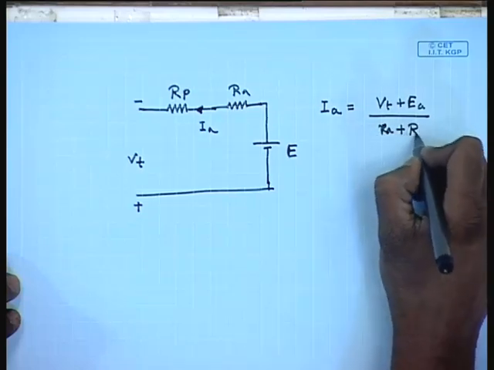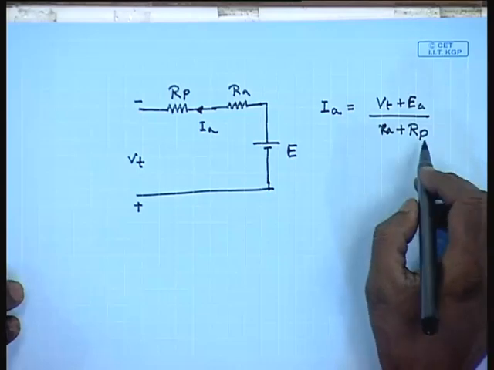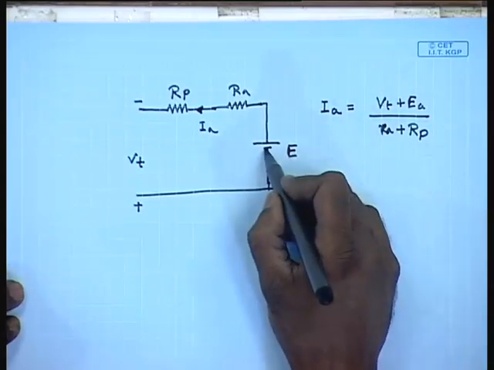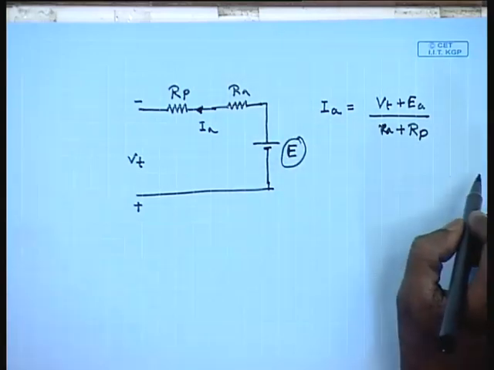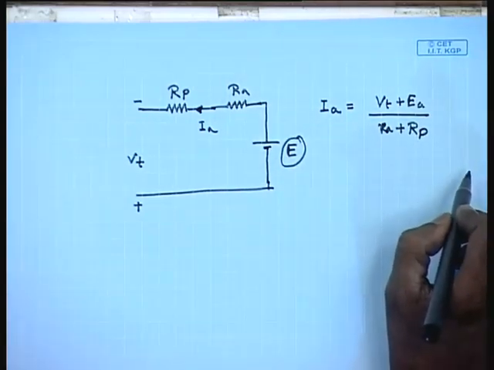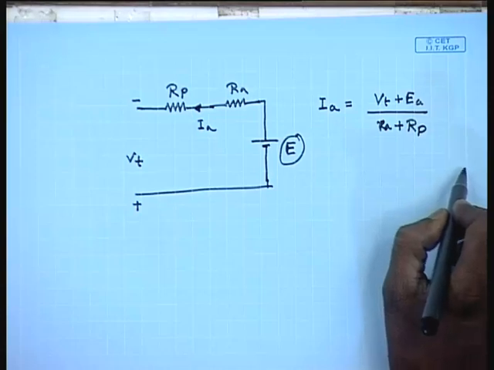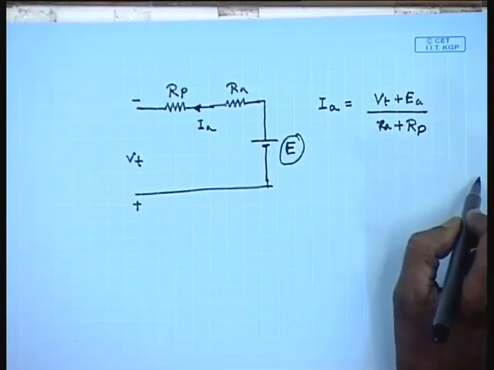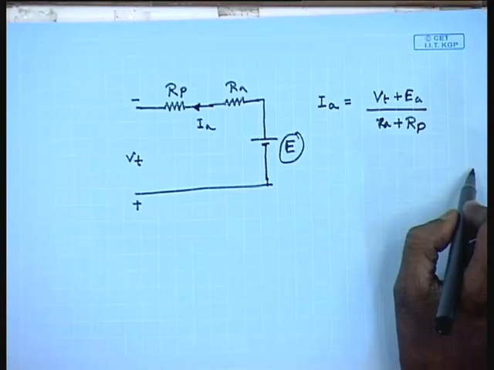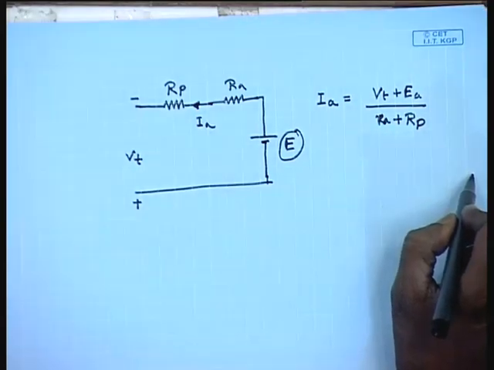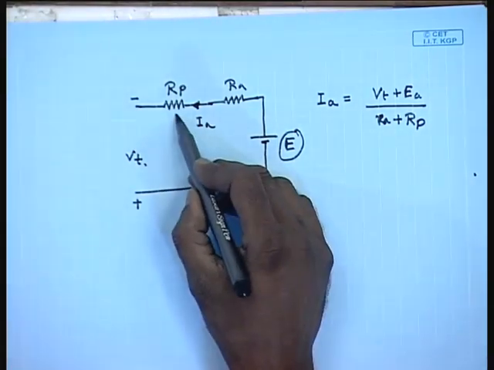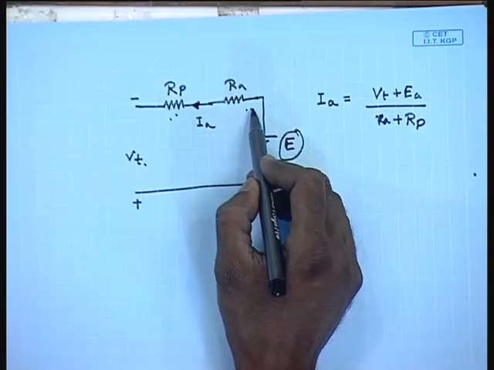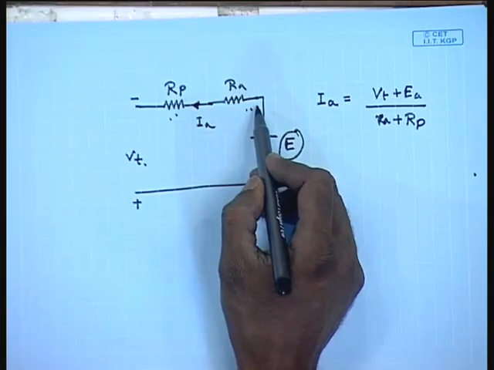R A plus R P. So, not only is power supplied by the internal back EMF E A, but additional power is also taken from the source, which is dissipated in the armature and the plugging resistance.